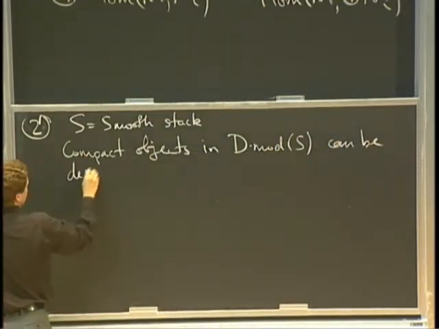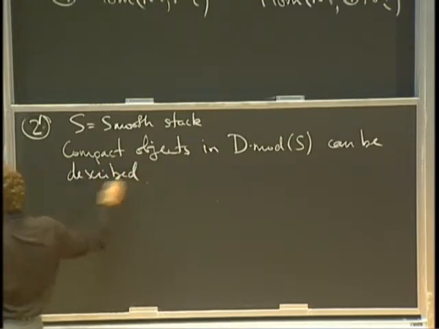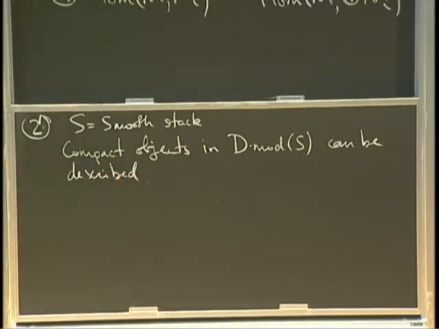But it's not just that. You need to impose some extra conditions. So not all perfect complexes of D modules are going to be compact. But basically, you have to be careful at points that have non-trivial automorphisms.